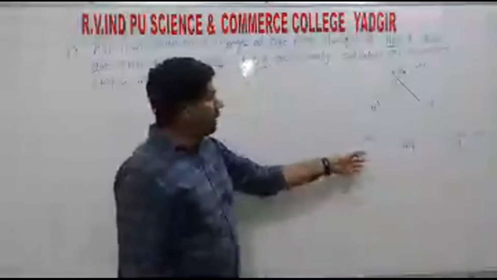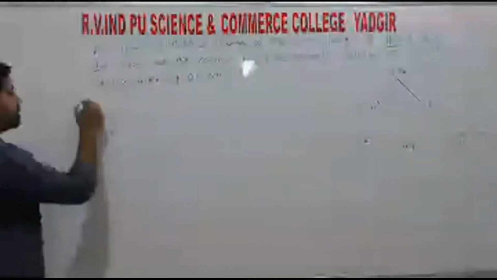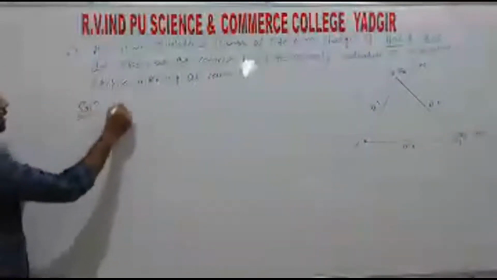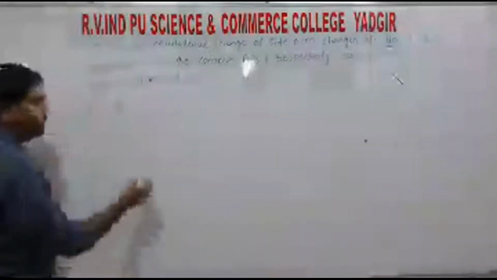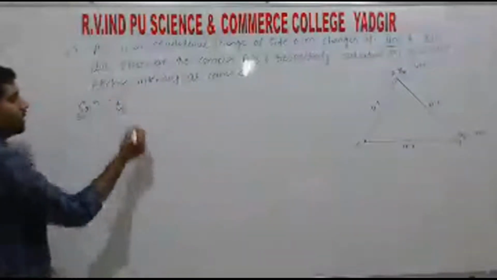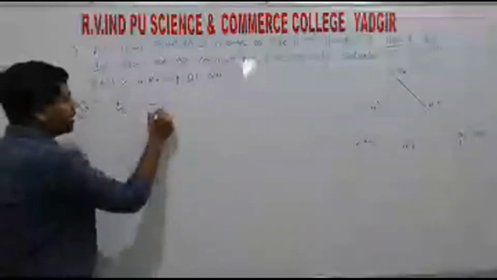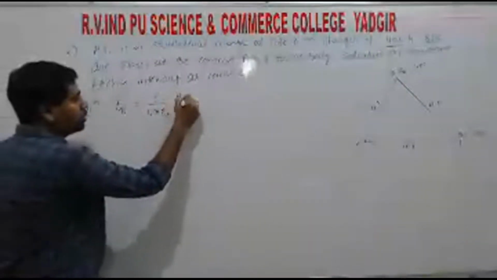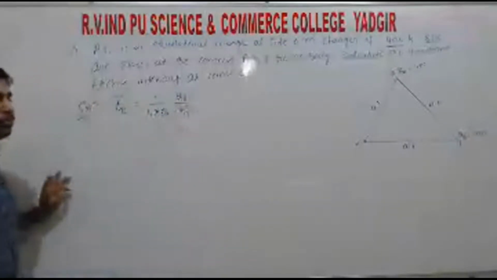So always we take the test charge as a positive charge, right? First we can find the electric field intensity at C due to B. That can be written as EB, right? So EB is equal to 1 divided by 4 pi epsilon naught QB divided by RB square, right?